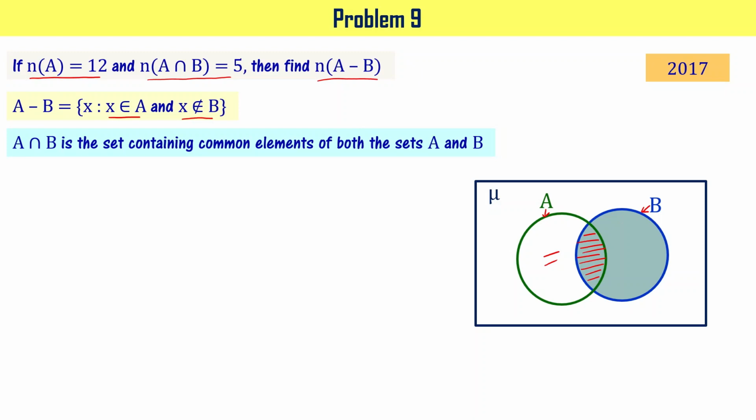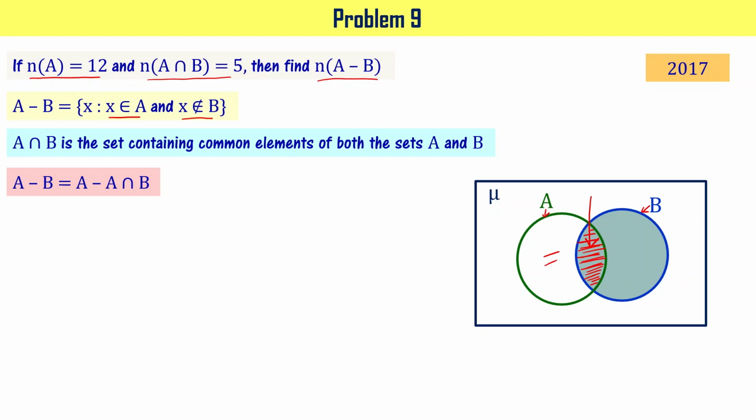And the shaded portion which I am showing now is A intersection B, which is common to both A and B. So A intersection B is the set containing common elements of both the sets A and B, right? That we know. So what you have understood now is A minus B can be written as A minus A intersection B, right?